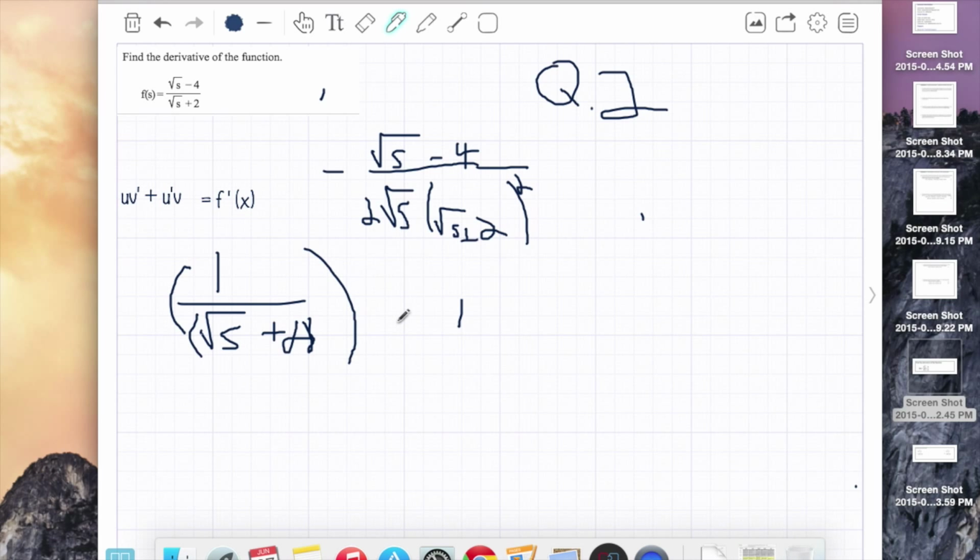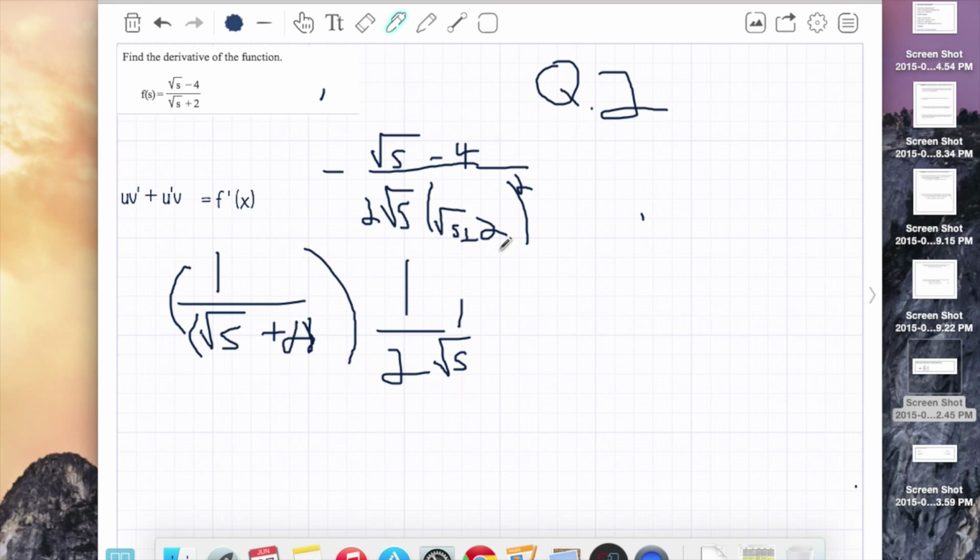And that's v, so we're going to take the derivative of u, which is the square root of s minus 4. So we're going to use the power rule. The square root of s is 1/2 times 1 over the square root of s.